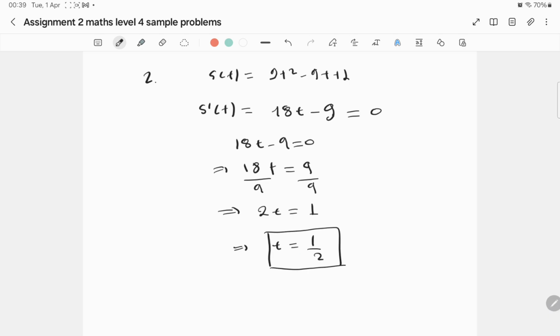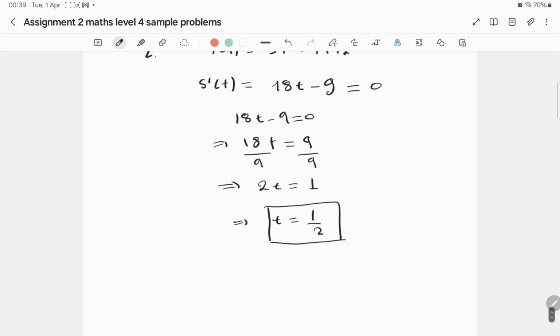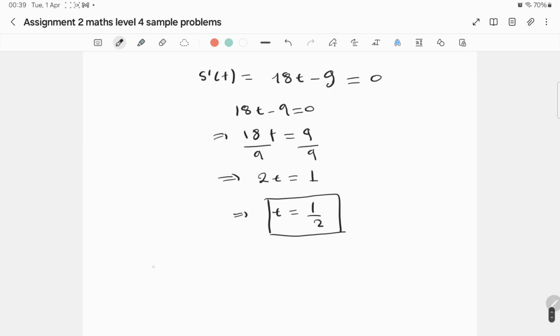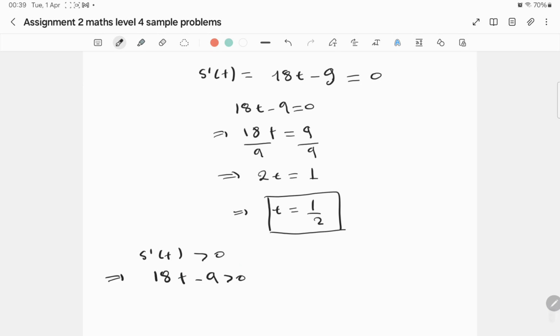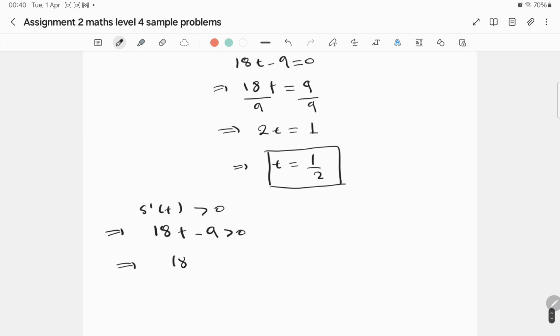That's my critical point, so for this value my derivative becomes equal to 0, and now I have to check when the derivative is positive, s prime of t greater than 0, 18t minus 9 greater than 0, 18t is greater than 9, t greater than 9 over 18, and from here t is greater than a half.